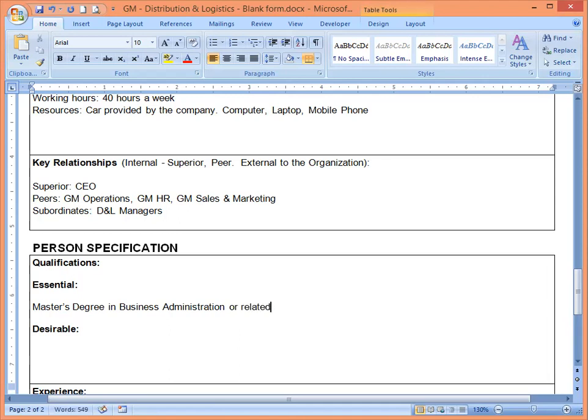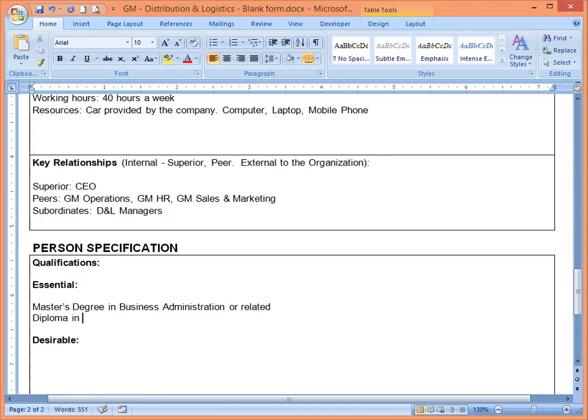So you have options to go for other educational background, not only sticking to the business administration, okay? Or you can also say, if you want, diploma in distribution and logistics.